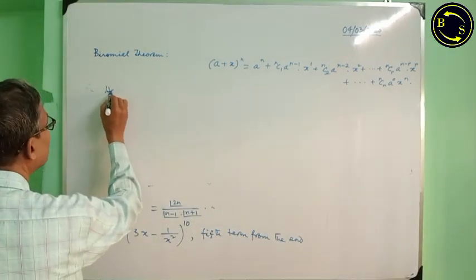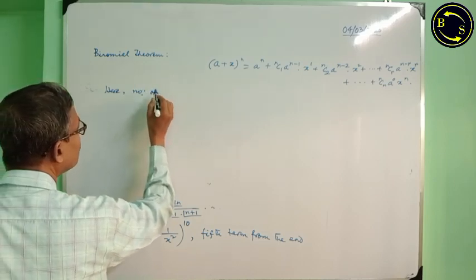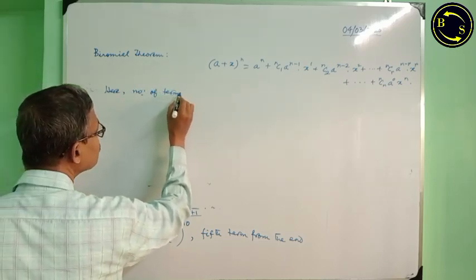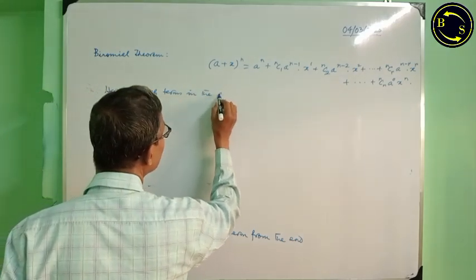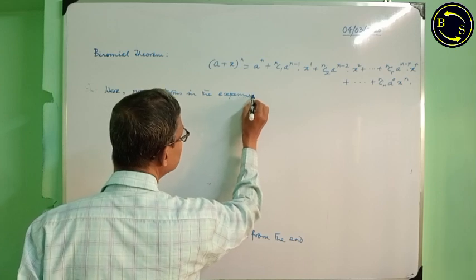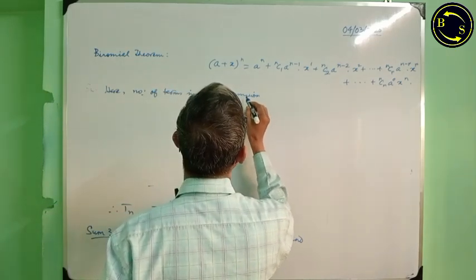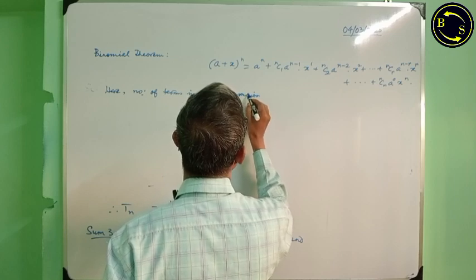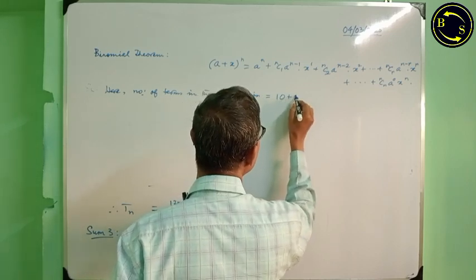Here, number of terms in the expansion is ten plus 1, 11.